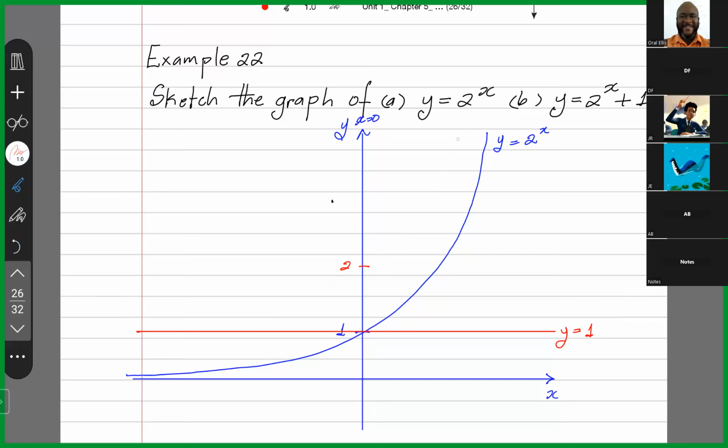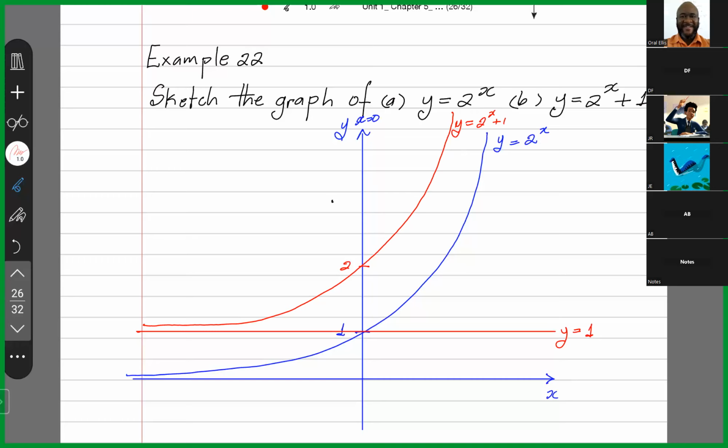I'll try again. All right, essentially, this is the graph of y is equal to 2 to the x plus 1.